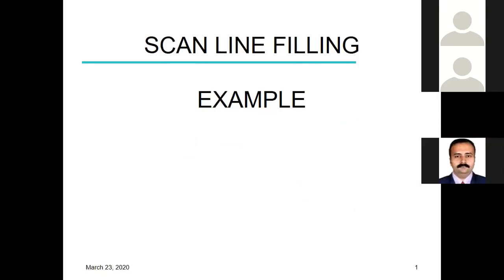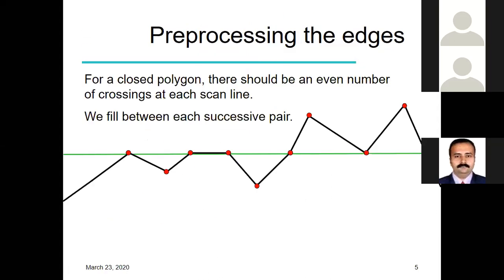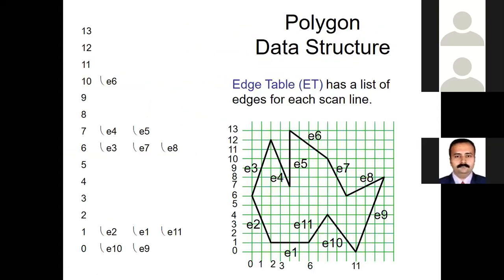Are you ready with the pen and the paper? Yes, sir. All right, let's start. Now the aim is to fill this kind of polygon. I request everyone to write this polygon, because the coming slides don't show it exactly the way we are showing it now.